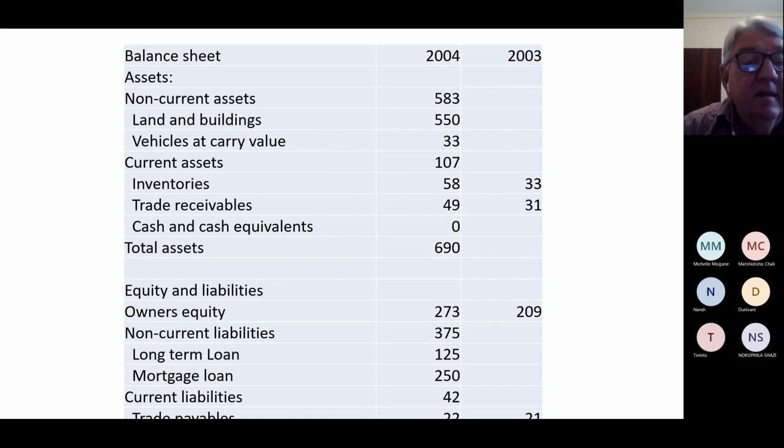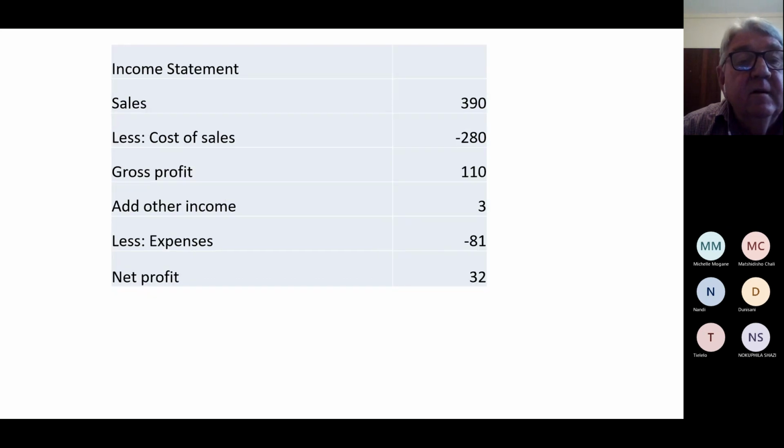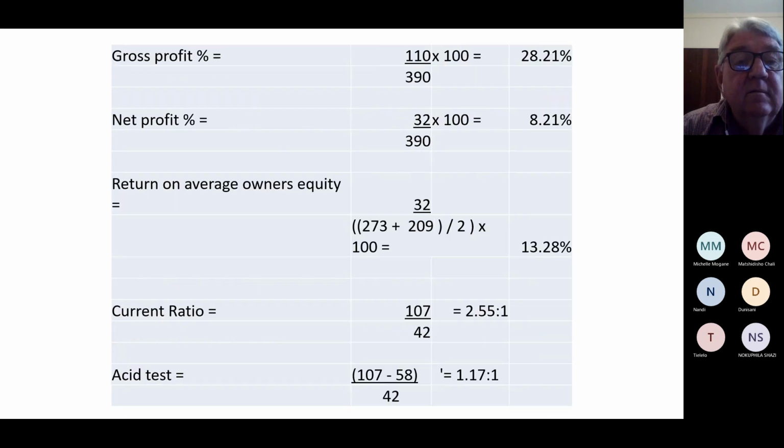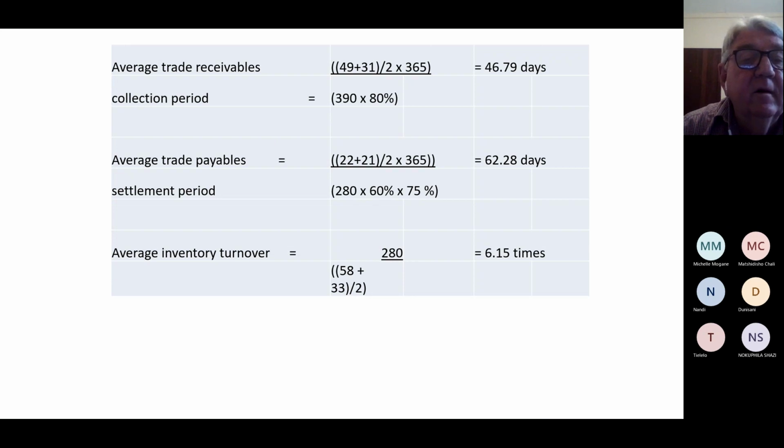And then we have to go to our sales of 390, but they say 80% is on credit. So we're going to take 80% of our 390. Then you'll see the 49 plus 31 divided by 2 times 365, divided by the 390 times the 80%. And that will give us 46.79 days.